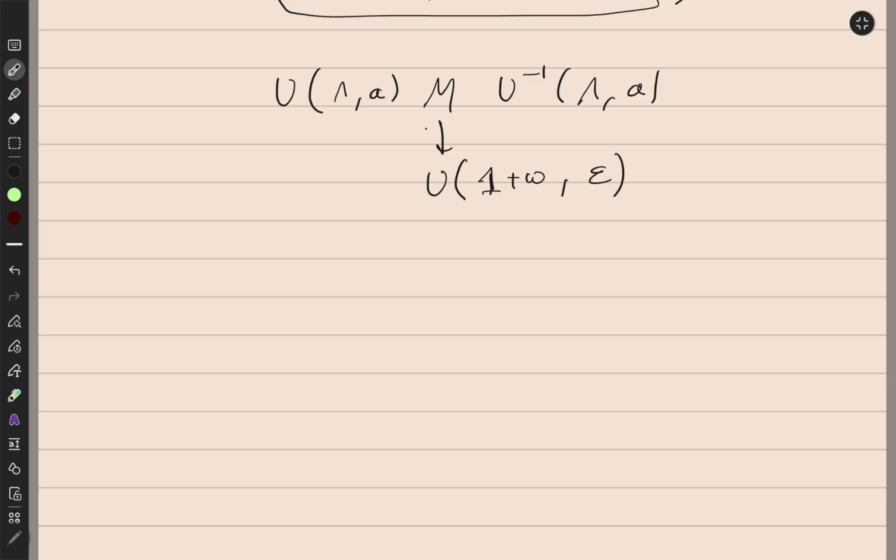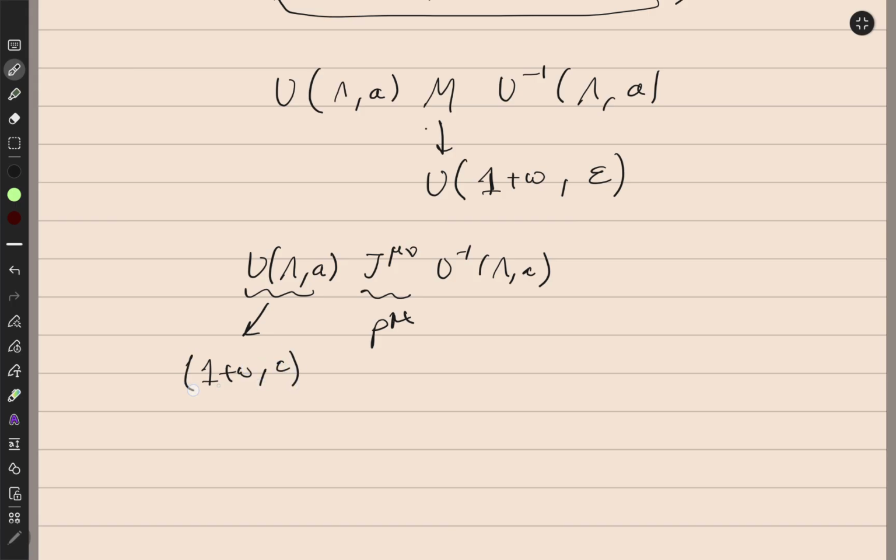From this we found how the generators transform under Lorentz transformation, how J mu nu transforms and how P mu transforms. And then we replaced these with the infinitesimal version itself in order to find how the J's and the P's commute with one another. That's how we did it. So that's how we found the algebra of the Poincare group.